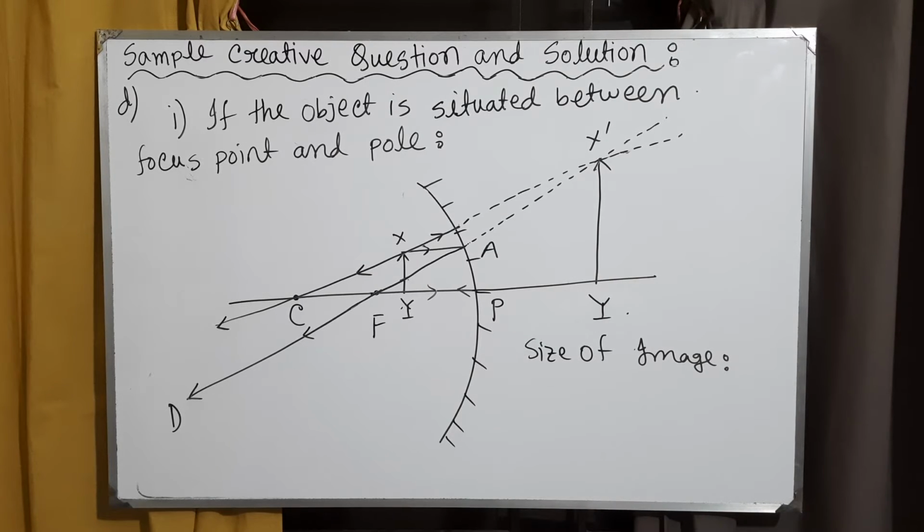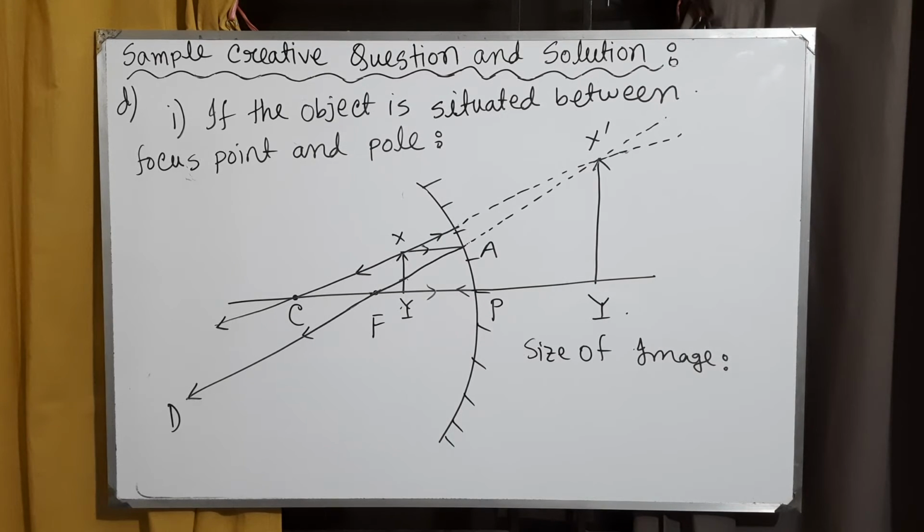Since the rays are divergent, they seem as if they are coming from X prime.